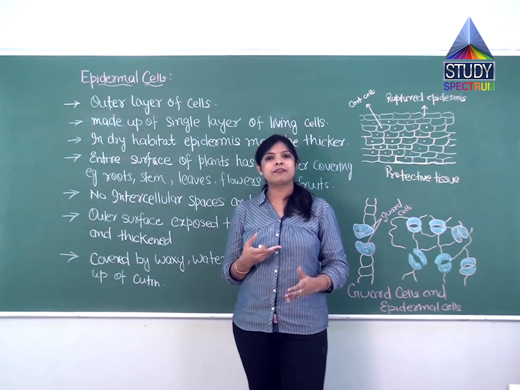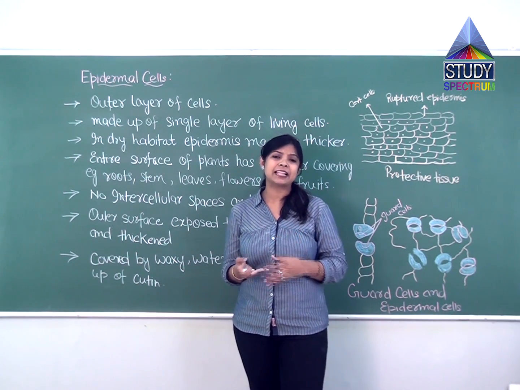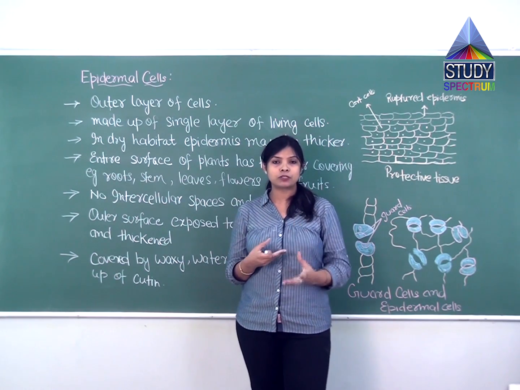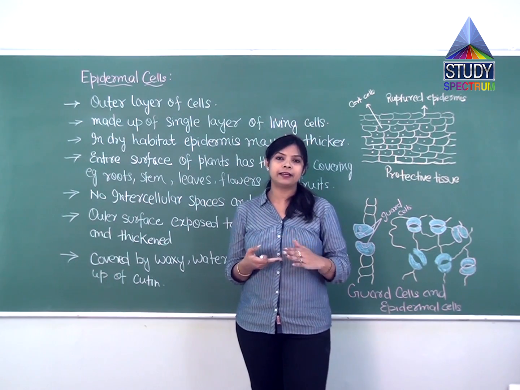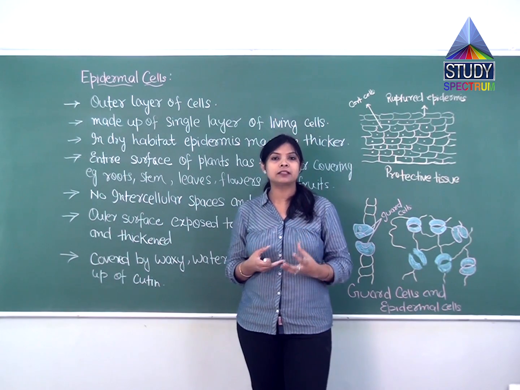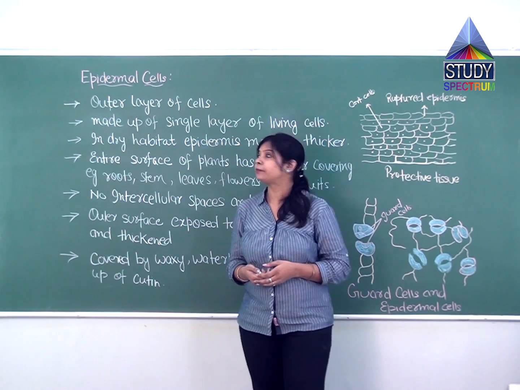In areas with a dry habitat, the epidermis will be thicker in plants like cactus or many succulent trees. Otherwise it is a single layer of cells, but in a dry habitat, because it has to prevent the loss of water, it becomes more spongy and thicker.